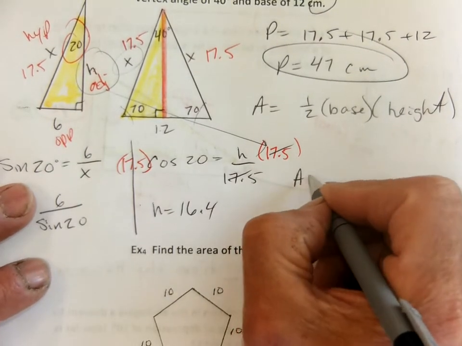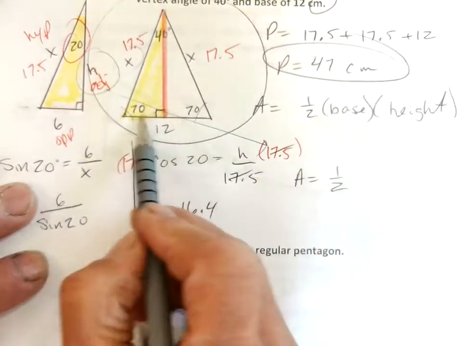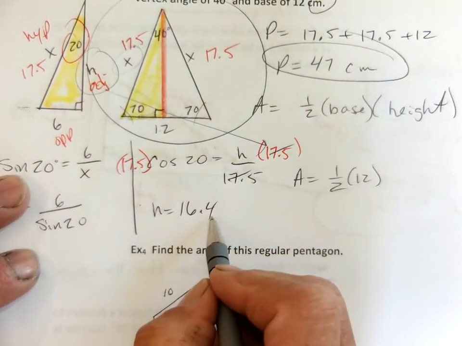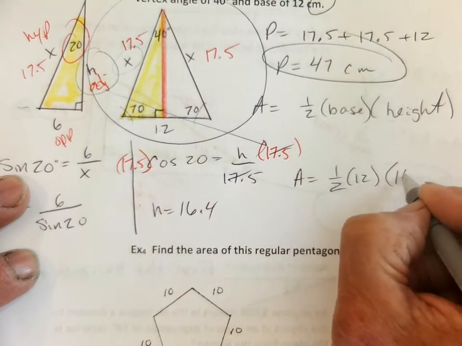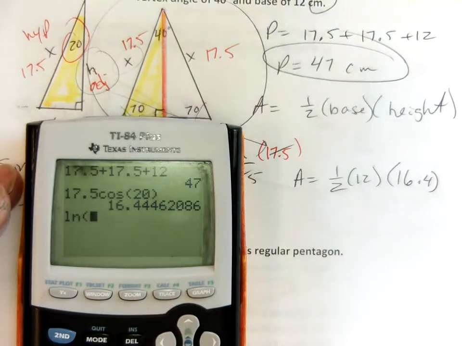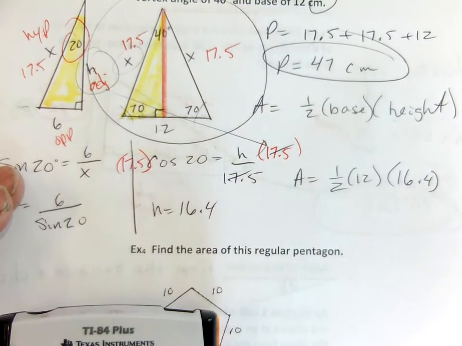The area is 1/2 the base. Now we're looking at this triangle here. The base, which is 12, times the height, which is 16.4. 1/2 times 12 times 16.4.